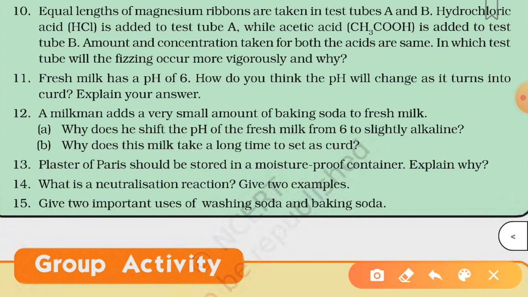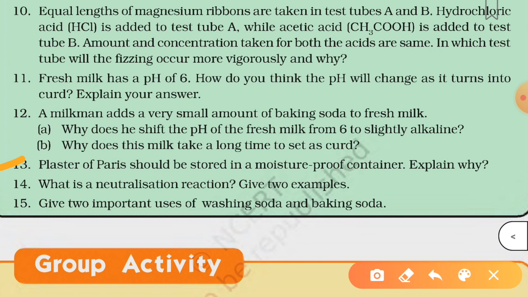Okay, now the 13th one. Plaster of Paris should be stored in a moisture-proof container. Explain why. In the previous video we studied plaster of Paris, and as you know, plaster of Paris combines with water to form gypsum, and gypsum is a very hard material. When a bone gets fractured, the doctor uses this POP to set the bone.